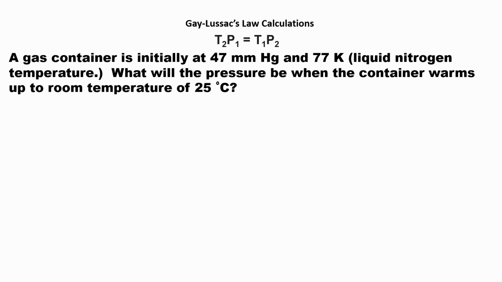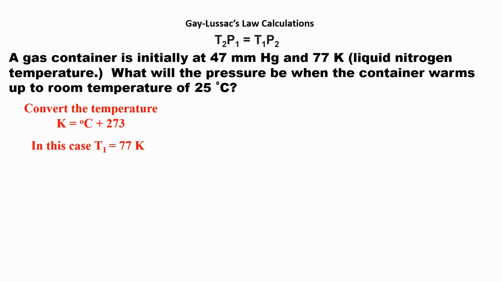A gas container is initially at 47 millimeters of mercury and 77 K. What will the pressure be when the container warms up to room temperature of 25 degrees Celsius? Once again, we convert the temperatures to Kelvin.